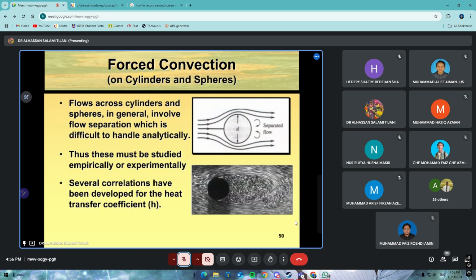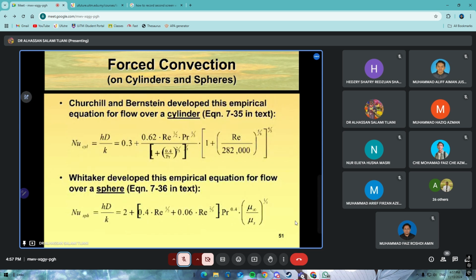Okay, so now let us look at flow across a cylinder. So far we have identified flow across a flat surface. Now you want to see what are the conditions for flow across a cylinder. The general equation based on Churchill and Bernstein is an empirical equation for flow over a cylinder.